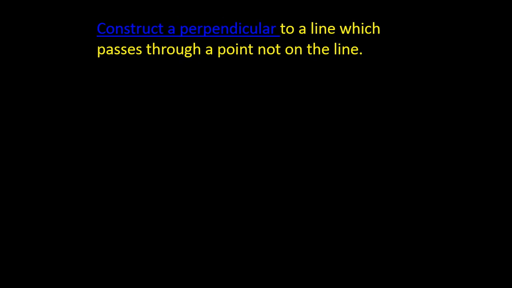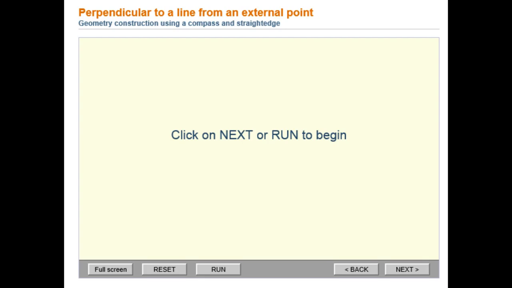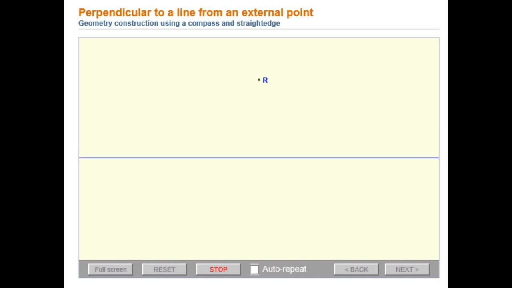So let's look at another construction that is actually based on something we've already done. This is constructing a perpendicular to a line which passes through a point not on the line. What we'll be starting with in this construction is a line and a point that's not on the line.